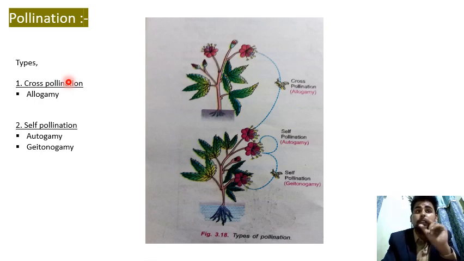This transfer can be carried out by various external agencies like wind, water, insects, birds, bats, etc. And actually there are two kinds. The first one is abiotic, that is wind and water, which are non-living. And the next one is biotic, like insects, birds, bats, etc., which are living ones.